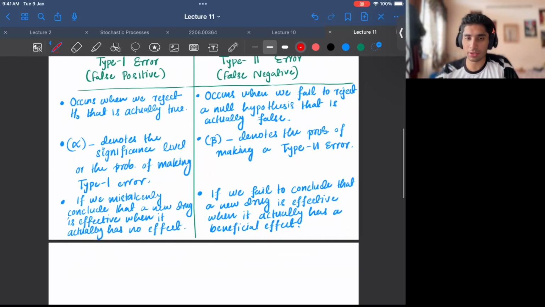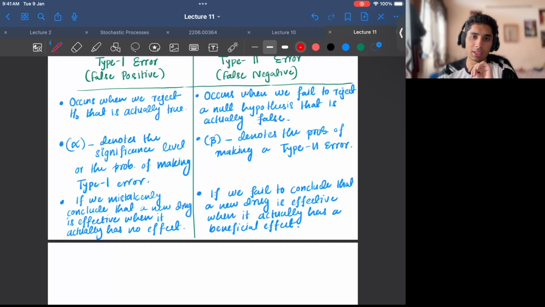So I was just thinking on your question, which error is actually more dangerous. For example, when deciding whether a new drug has any positive effect on patients, the default belief will be that most medicines have no effect, right? That is your null hypothesis.